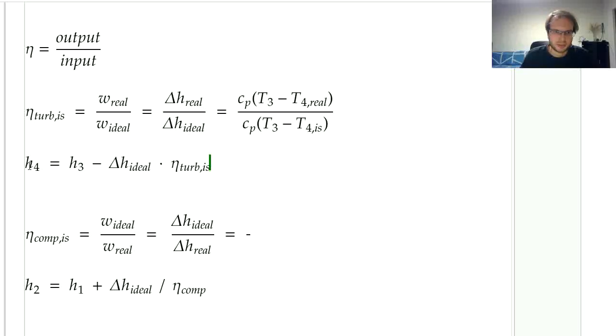In the last tutorial we expressed the enthalpy after the expander as the enthalpy before the expander minus the ideal enthalpy difference multiplied by the efficiency of the turbine.